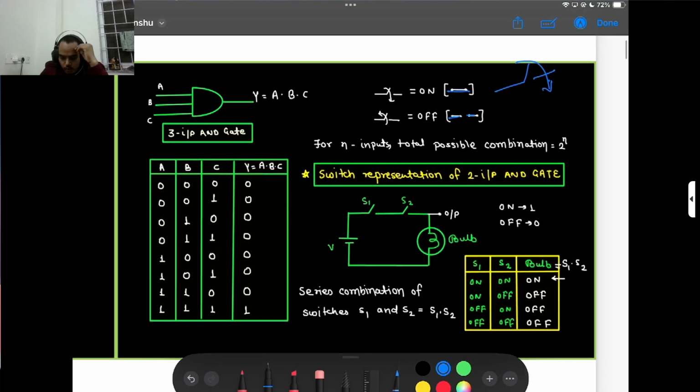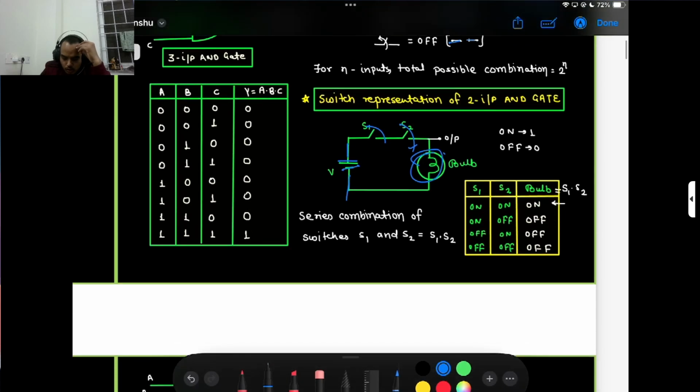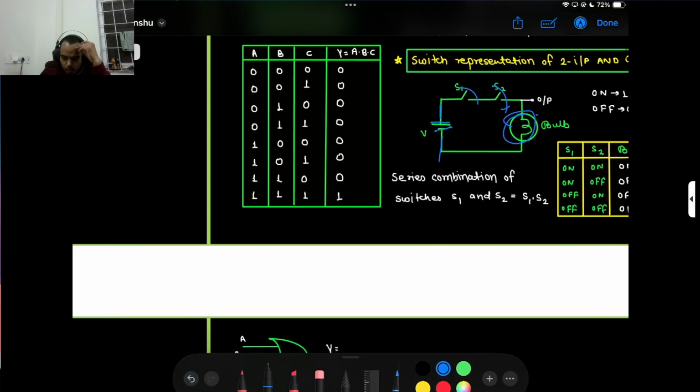For n inputs, the total possible combinations are 2 to the power n. This is the switch representation of a two input AND gate. The bulb glows if S1 and S2 are both on, otherwise it is off.